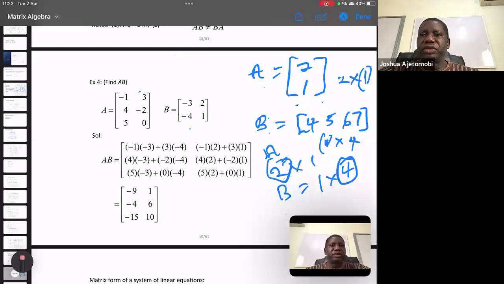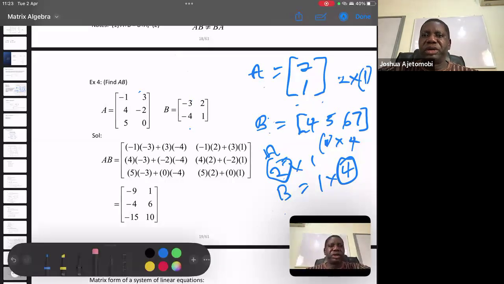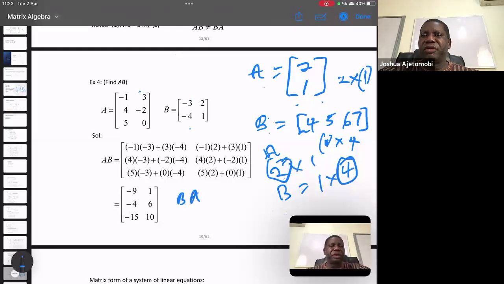But there is one thing I want you to consider. For this example, AB is possible because the column of A is the same as the row of B. But can we say the same for BA? For BA, our B is 2 by 2 and our A is 3 by 2.